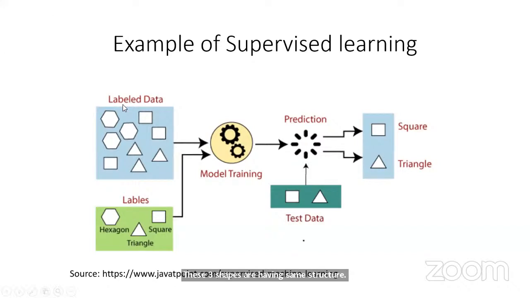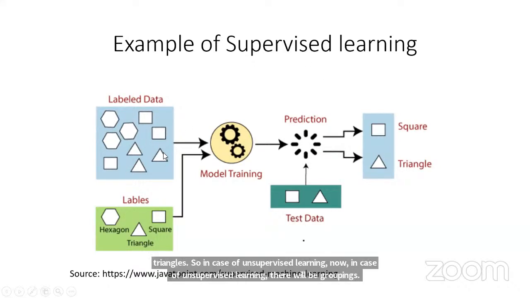They will form one group of 3 squares. Then again, the model will check that these 3 are having the similar shape. So they will form the other group. So there will be group 1 with 3 squares, group 2 with 3 hexagons, and group 3 with 3 triangles. So in case of unsupervised learning, there will be groupings. So here we will get 3 groupings.